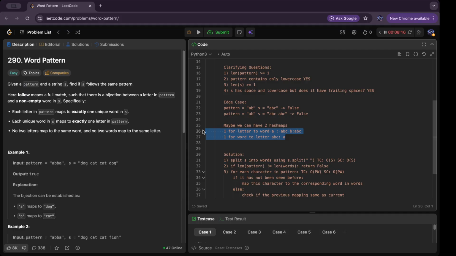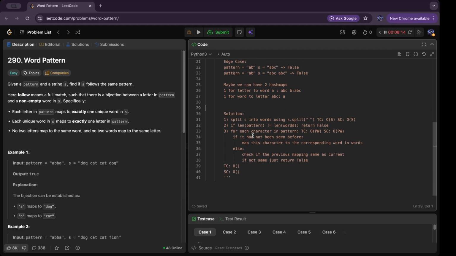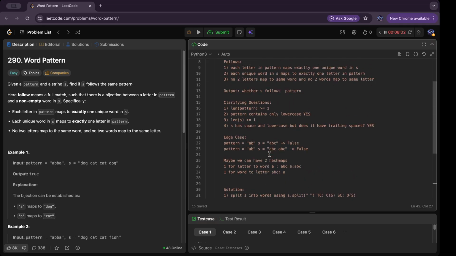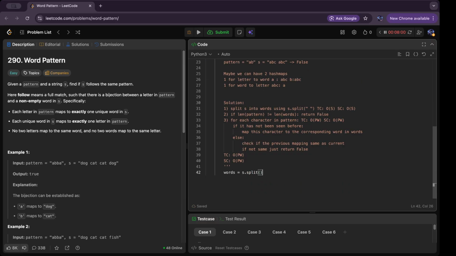Okay, so yep, then we can do that. So let's split by space. Then onwards, return false.